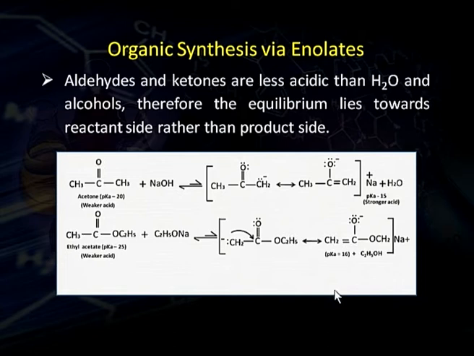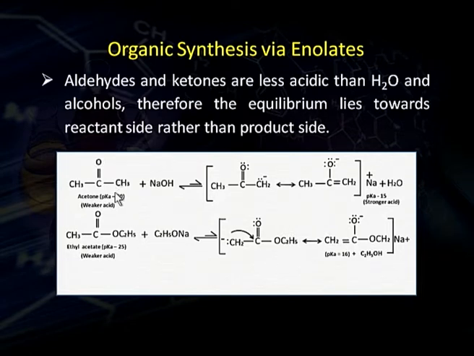In the first reaction, water is formed and water has a pKa value of 15. This is stronger acidic in nature as compared to acetone. So, the reaction moves in the backward direction. And in the second case, again ethanol is formed and it has a pKa value of 16. In the second case also, the reaction moves in the backward direction.